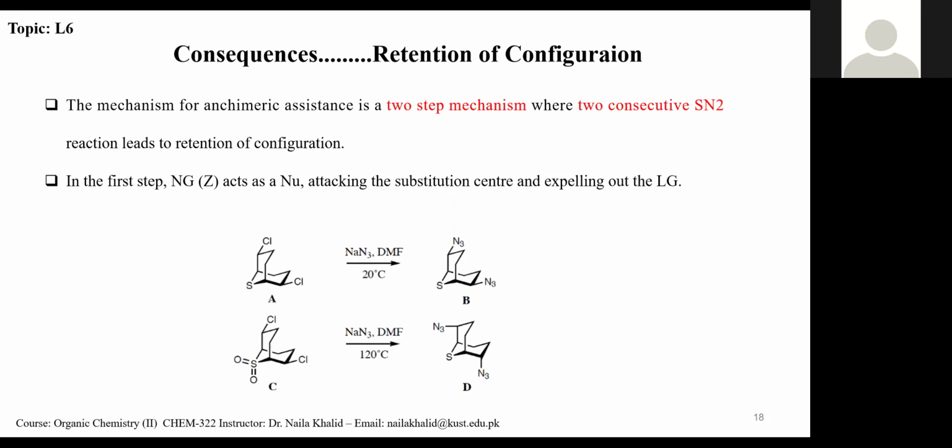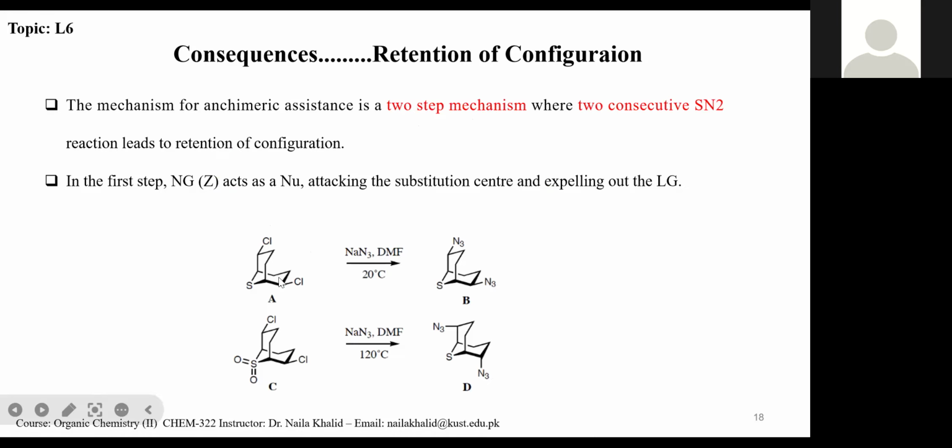Similarly, the second consequence of this is retention of configuration. Retention of configuration means that, as you know, this is a two-step mechanism and two consecutive SN2 take place. So that is why two inversions lead to retention. Here you can explain this one.